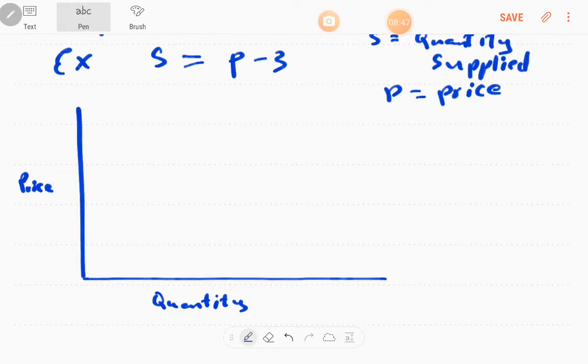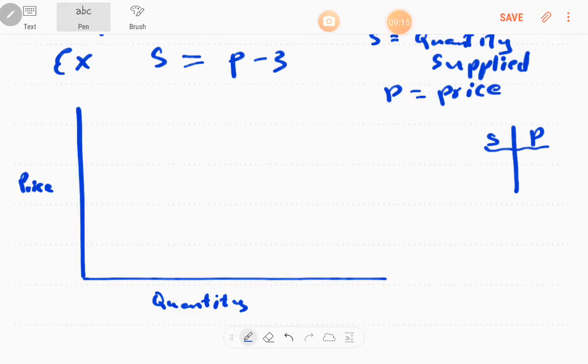So again, here S is the quantity supplied and P is the price. So in this case, I will just put in points.